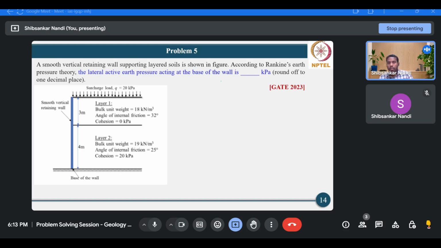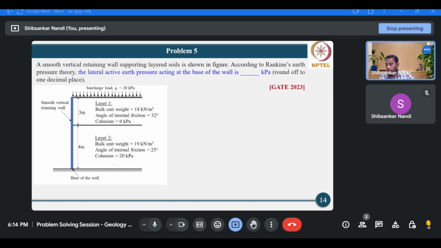So to answer this question, we can start from the top of the retaining wall, and we can proceed in a sequential manner to reach the base of the wall.